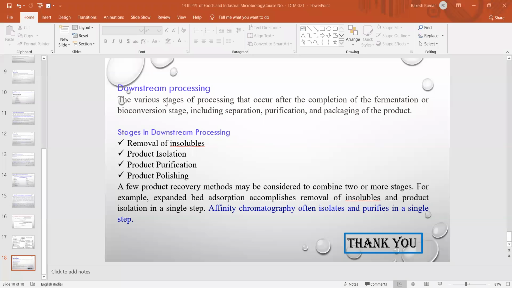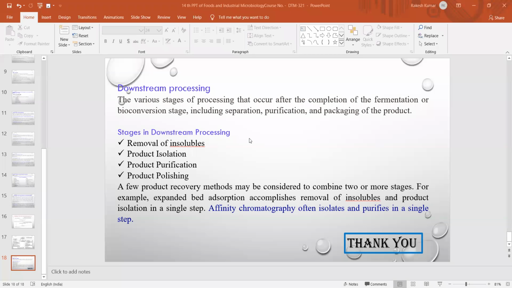So what is there in downstream processing? The various stages of processing that occur after the completion of the fermentation or bioconversion stage, including separation, purification, and packaging of the product, are all included under downstream processing: removal of insolubles, product isolation, product purification, product polishing.